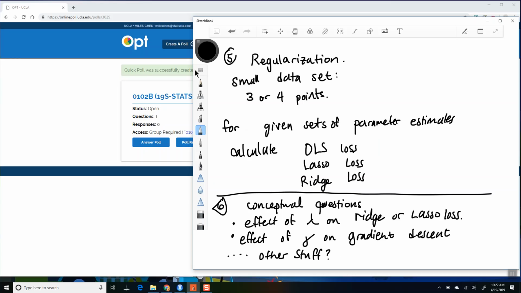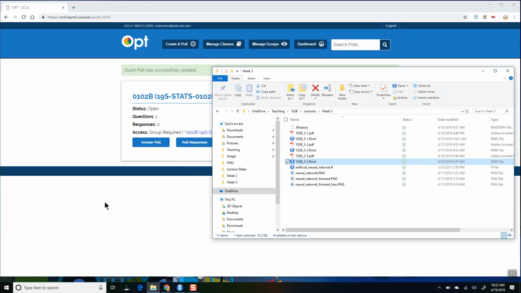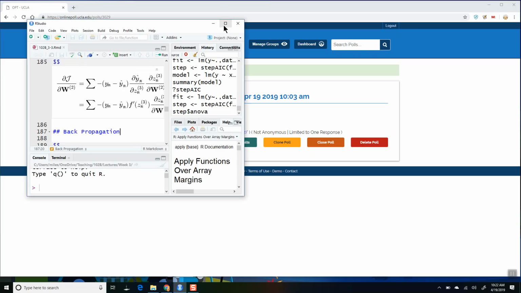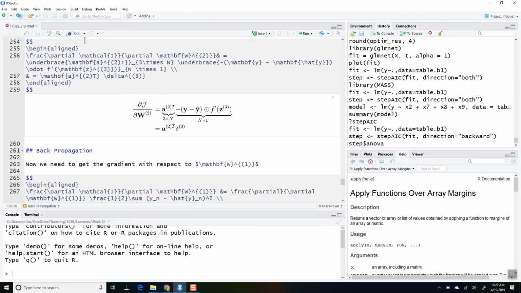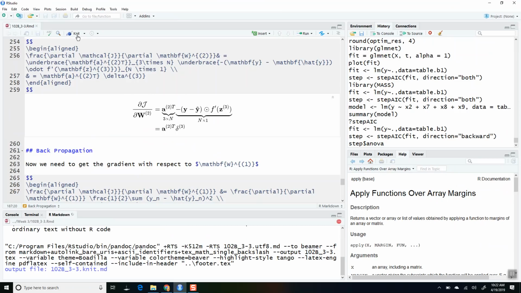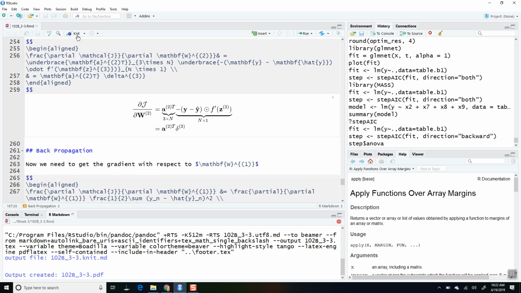All right, so I guess we'll leave off with that, and we'll take a look at today's stuff. I have to finish the notes because I ran out of time with the LaTeX.